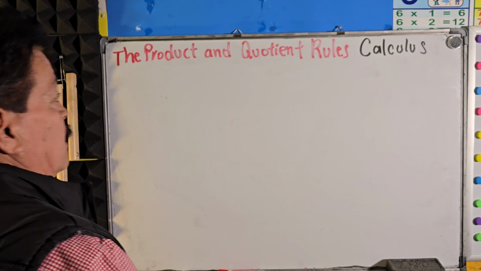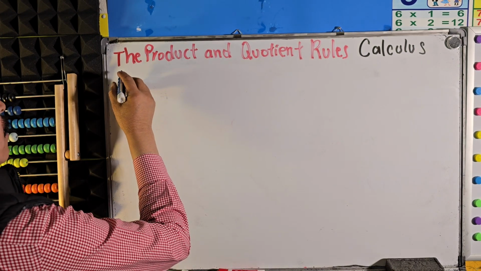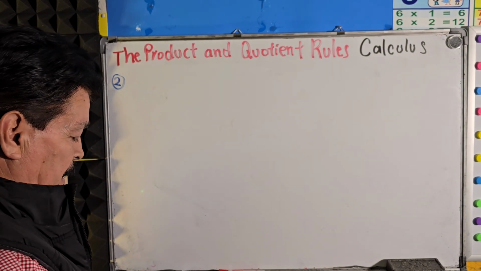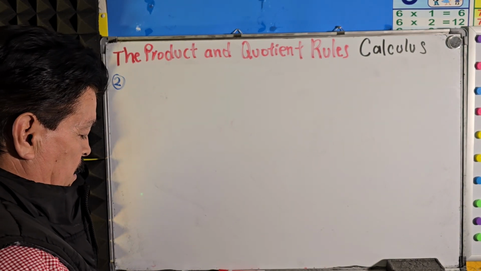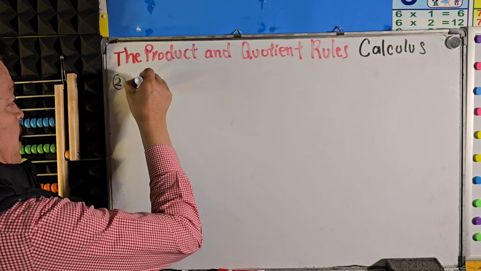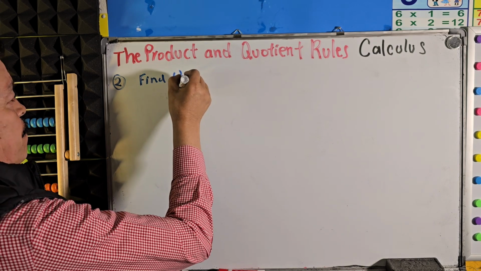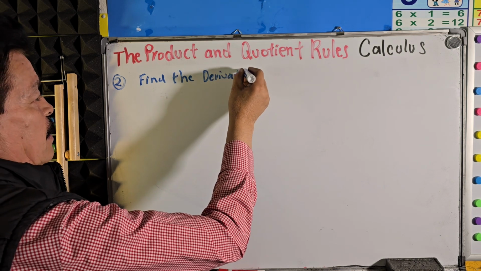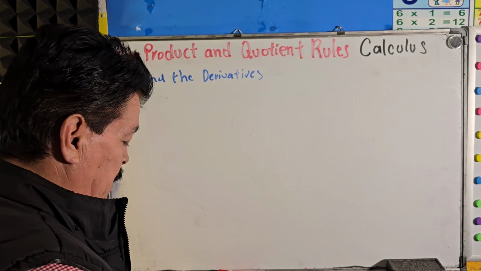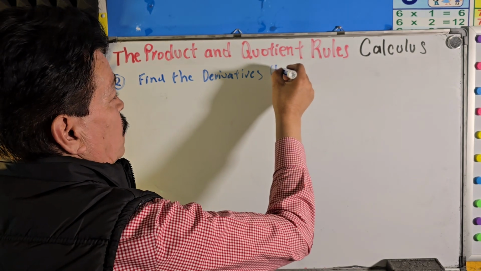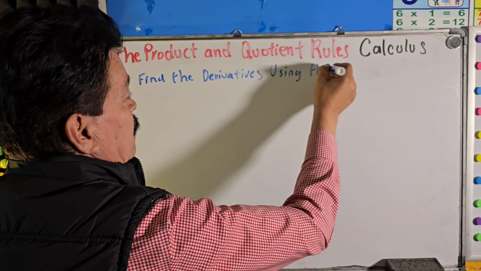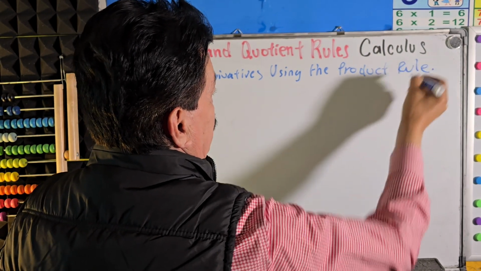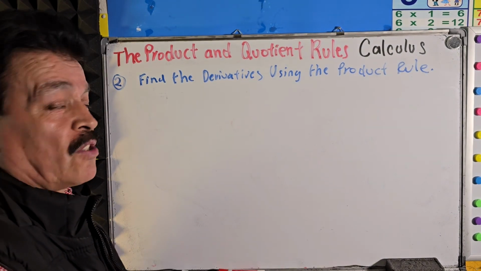The second one about the product and the quotient rules is finding the derivatives using the product rule. This is our next section.